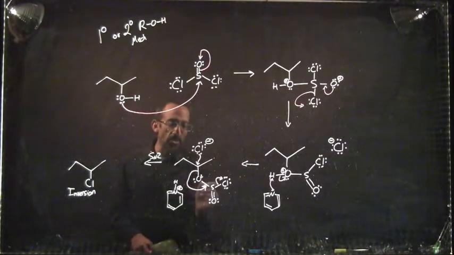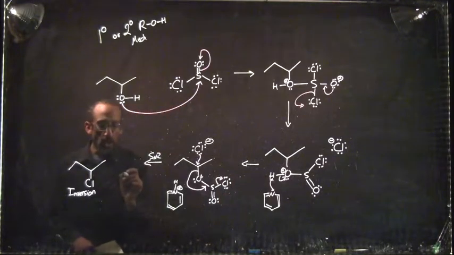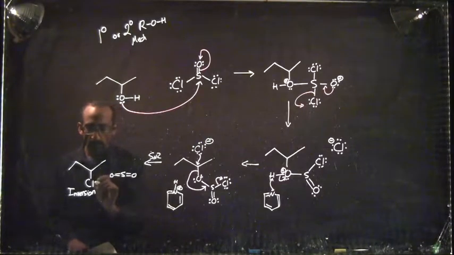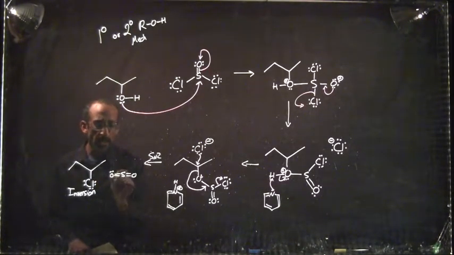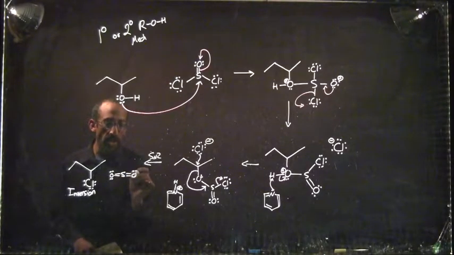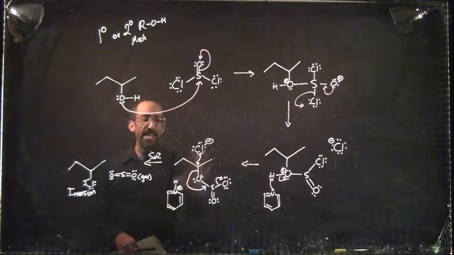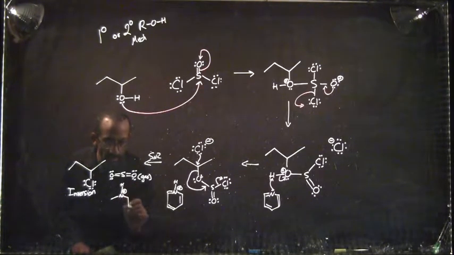When we form this sulfur-oxygen double bond and displace the chlorine bonded to sulfur, we form SO2. Let's make sure we get all of our electrons in here. There are four for chlorine. There are four for our SO2 oxygens. SO2 is a gas. And we still maintain that ion pair between our protonated weak base, here now I'm using pyridine.